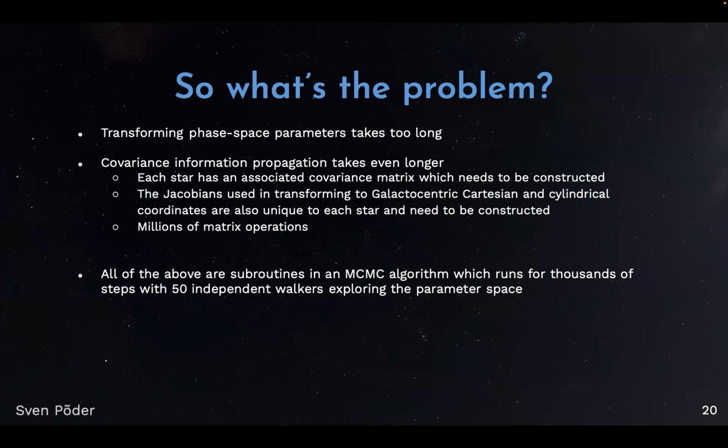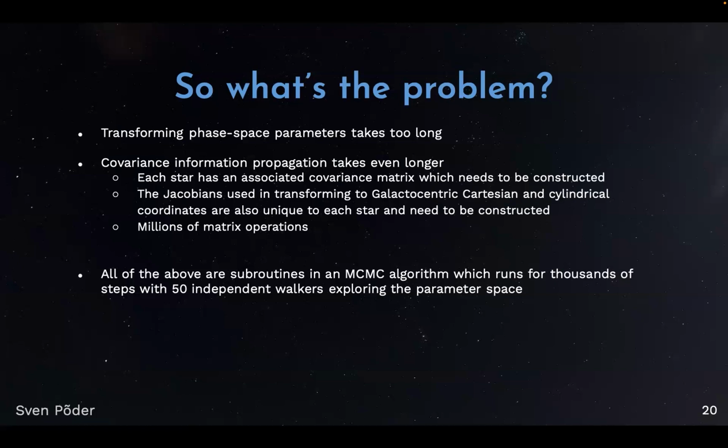Then you also need the Jacobian, which tells how to propagate these values to the galactocentric frame. So you need to generate the covariance matrices and the Jacobian matrices, and then multiply them. It's a lot of matrix operations, and this all adds up in the end.